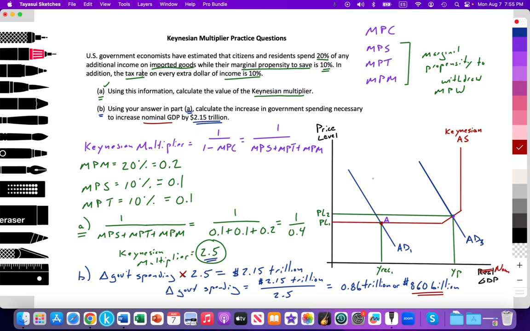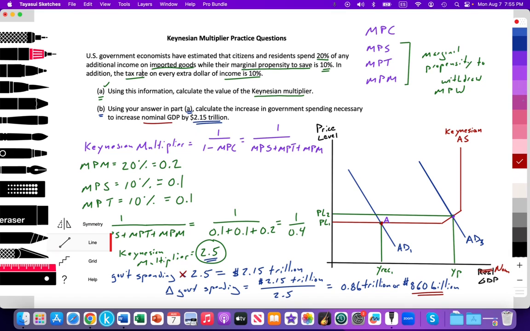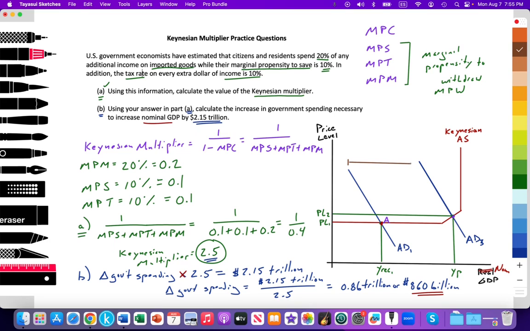So we're at point A, and the government believes that the recessionary gap is $2.15 trillion. The distance between here and here is 2.15 trillion. That is the size of the recessionary gap.